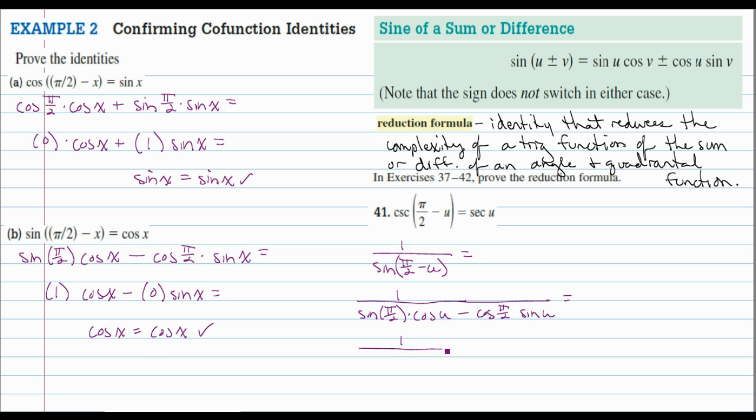Actually, you know what? We've already gone through all this from back here, but whatever, I'll do it again. The sine of pi over 2 is 1 times cosine of u minus cosine of pi over 2 is 0 times the sine of u. And then we have 1 over cosine of u, which is in fact secant of u, which equals secant of u.